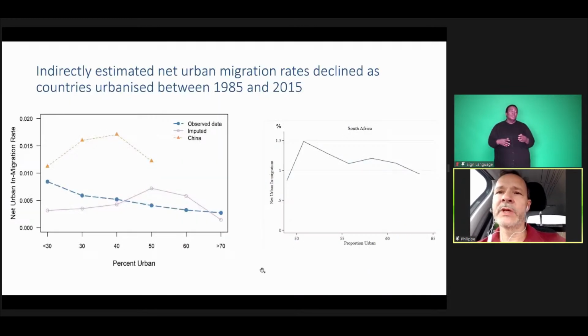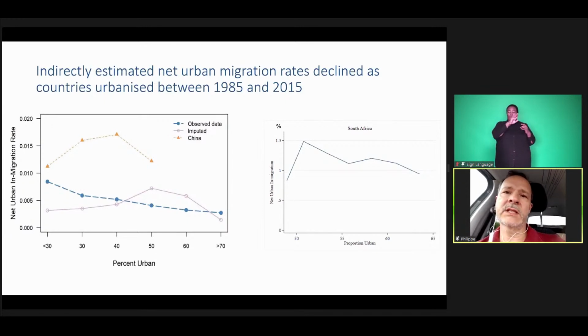Here we have on the left-hand side the estimated net urban migration rate between 1985 and 2015, and I want you to concentrate on the curve in blue.